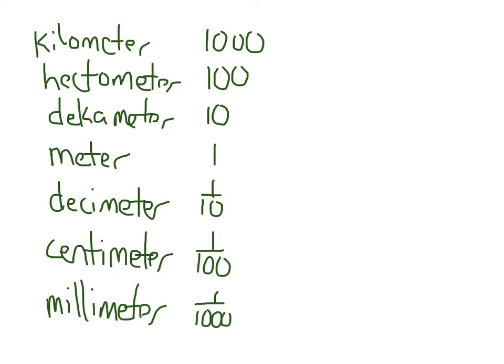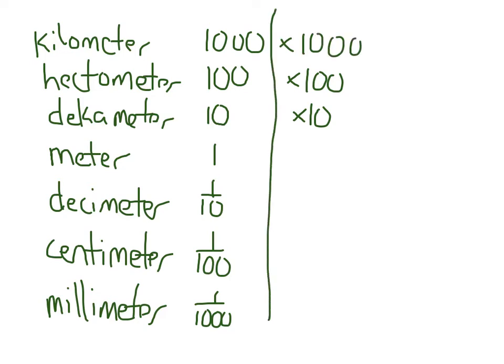So to get from meters to decameters, it's going to be times 10. To hectometers is times 100, and kilometers times 1,000. And for a decimeter, it's going to be divided by 10, centimeter divided by 100, and millimeter divided by 1,000.